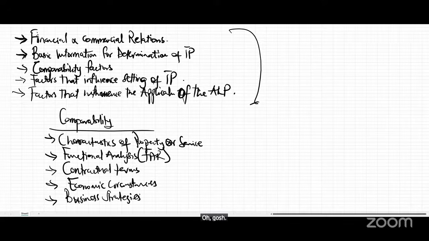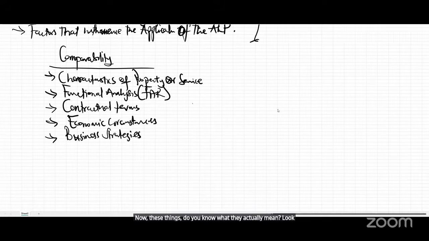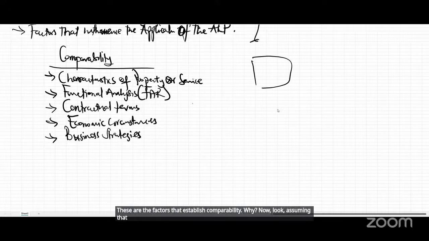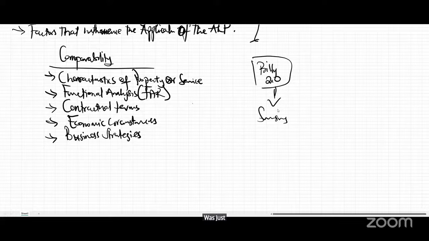Now, these things, do you know what they actually mean? Look, these are the factors that establish comparability. Why? Assuming that the phone I want to sell, which is the Billy 2.0 that I was talking about, was just like the Samsung Galaxy S Ultra.